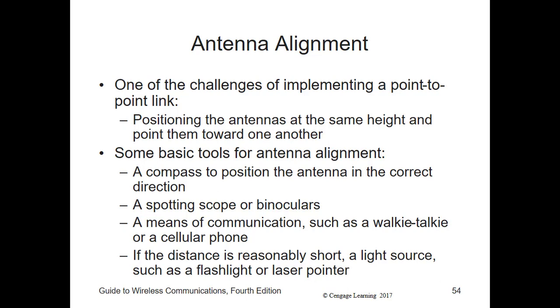Some transmitters and receivers are equipped with tools designed to assist the installers in aligning the two antennas. Others may require the rental or purchase of additional tools to ensure perfect alignment.